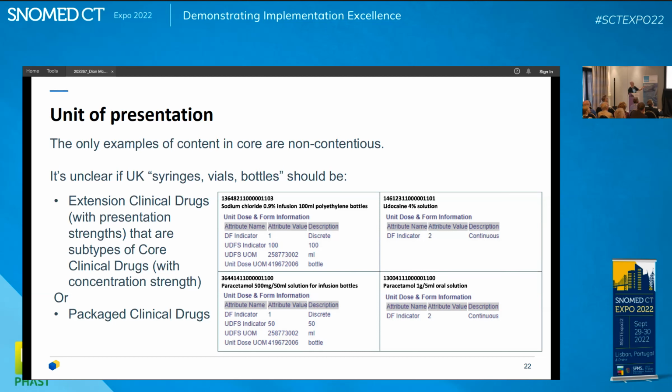One's considered to be the modeled clinical drug equivalent is the solution that's inside the bottle, and the bottle isn't talked about. The bottle's considered packaging. The other one is, the unit of presentation is the bottle, and so the bottle is talked about at the clinical drug level. But they're both solutions of paracetamol, and so there doesn't seem to be a systematic way of deciding when these things are one or the other.